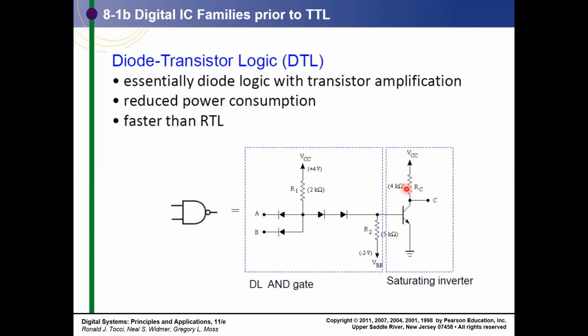Now it is 4K. So the power also is less. Power is directly proportional to the resistance you are putting, and you can calculate VI, and I is directly proportional to your resistance, V by R. So V squared by R becomes your power.